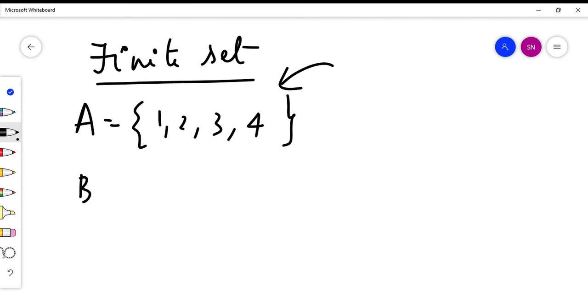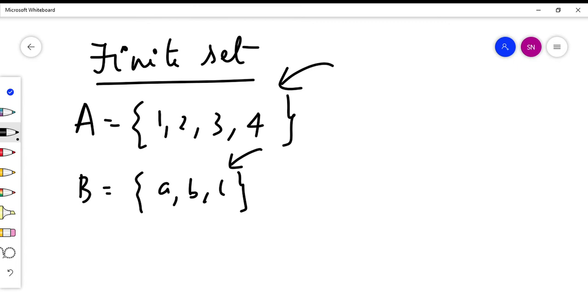Similarly, if I have set B equal to A, B, C, again I'm able to count the number of elements inside this particular set. There are totally three elements, that is A, B and C. So whenever I am able to count the total number of elements inside a set, that is called a finite set.